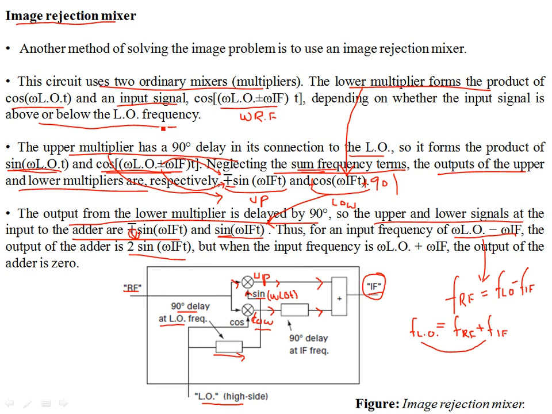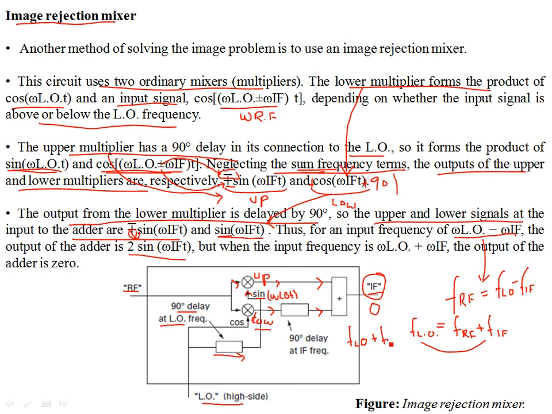But if you are considering the frequency that is higher than the local oscillator frequency, then a minus sign comes up over here, and the addition is going to produce a result equal to 0. This result is for F_RF equal to F_LO plus F_IF.